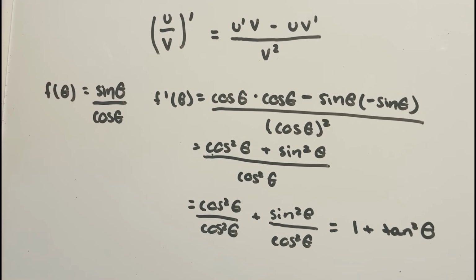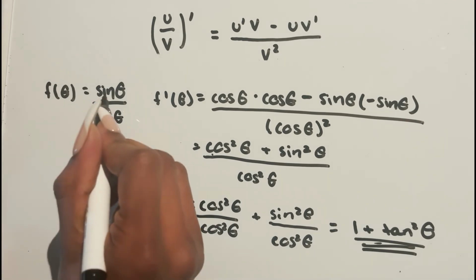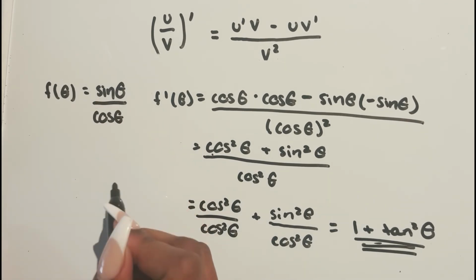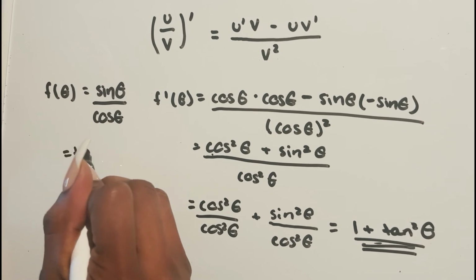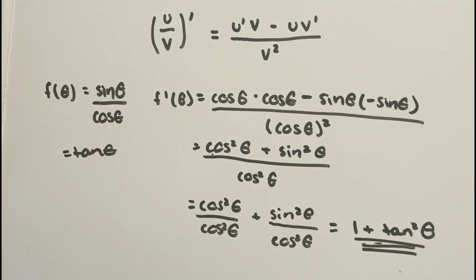So we were able to find that the derivative of our original function, sine of theta over cosine of theta, equals 1 plus tangent squared of theta. We also know that sine theta over cosine theta equals tangent theta.